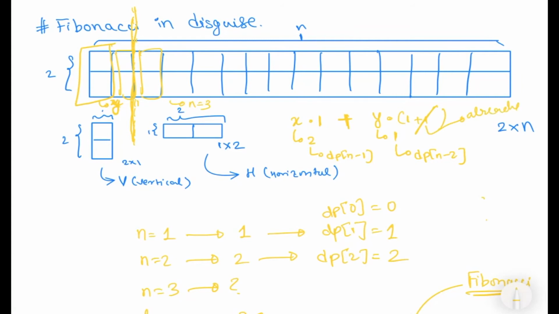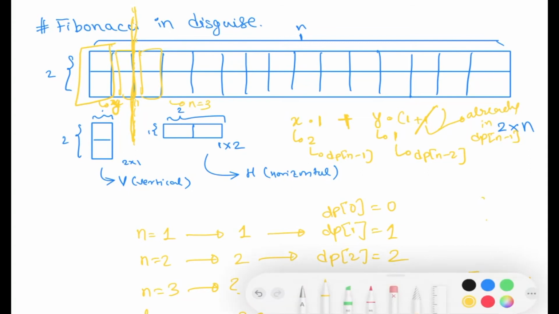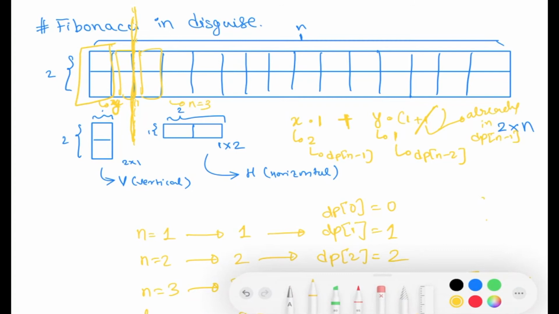When we considered X, it included a lot of cases, and one possible arrangement could have been this, because when we place two vertical tiles, we clearly see that the two entities, that is n minus 1 and the last vertical tile, are discrete, they are not connected. So it must have been counted in the X possible ways that we earlier considered. Think about it, draw it on paper, and you'll definitely understand it.